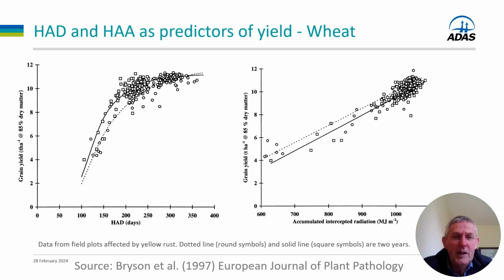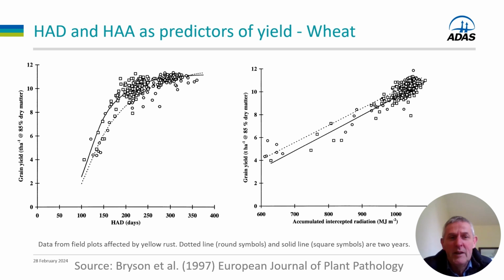We can see that in plots that were very well protected against the epidemic, we had over 350 units of HAD. And this was measured during the period when stem reserves were being accumulated, and then during the period of grain filling through to senescence. In plots that were not protected at all against the disease, we lost virtually the entire canopy, and we were down to about 100 units of HAD.